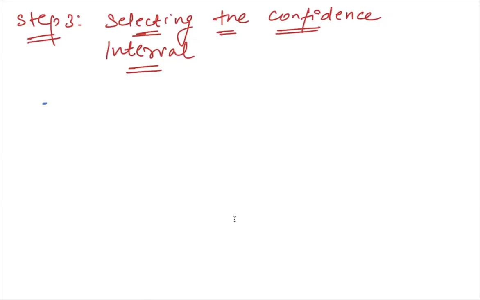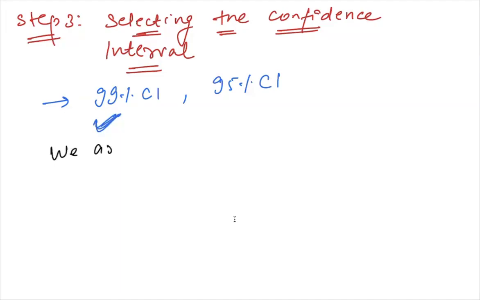As I said, there can be multiple confidence intervals, 99% confidence interval, 95% confidence interval, right? We can select any confidence interval, so let's go with 99%. So we say that we are selecting a 99% confidence interval for calculating value at risk.